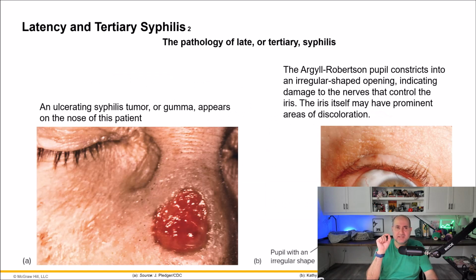And remember that tertiary syphilis is characterized by the appearance of gummas, which are these really ulcerating syphilis tumors, and these irregularly shaped pupils, the Argyll-Robertson pupil.